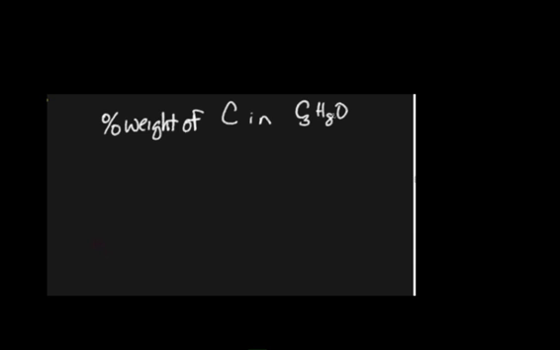It's a fraction over the whole times 100. Okay, so we find the molar mass of carbon and divide by the entire molar mass times 100. Like this? You multiply by 3 because we have 3 carbons. Yes. And 12 times 3 plus 1 times 8.